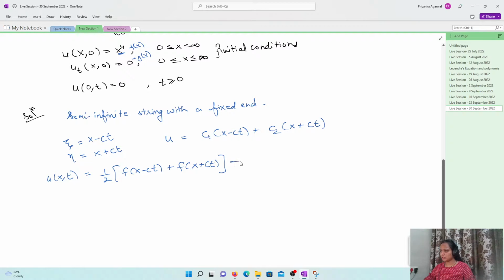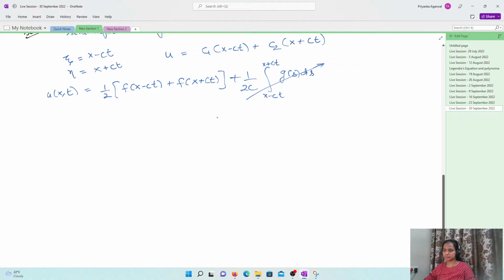Otherwise, we know that it is 1/(2c) times the integral from x minus ct to x plus ct of g(s) ds. So this is 0, and we are only left with u(x, t) equals 1/2 [f(x minus ct) plus f(x plus ct)].